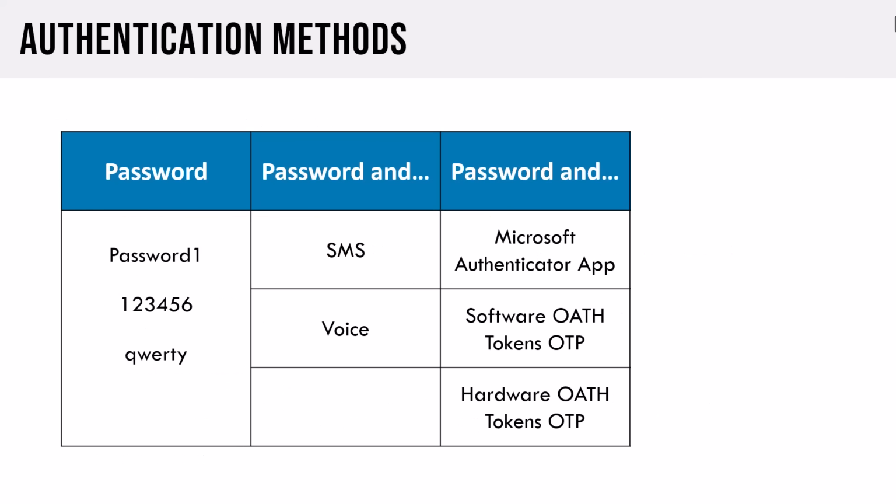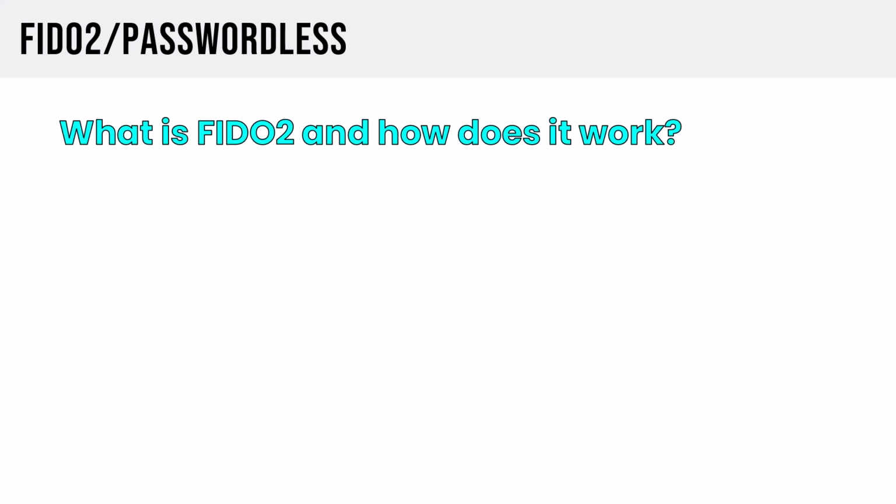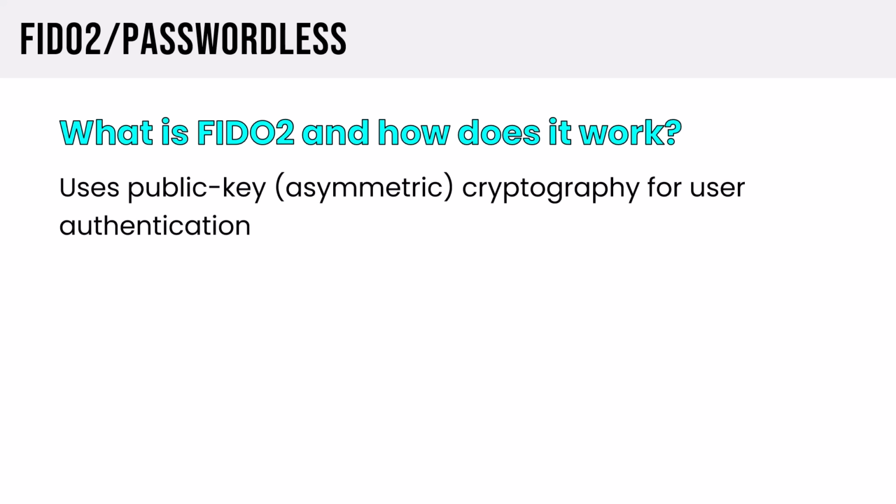And continuing on with our authentication methods, we then have passwordless, which can be implemented with Windows Hello, the Microsoft Authenticator app, or a FIDO2 security key. And we've talked about that Authenticator app, so let's have a look at FIDO2 and talk about how this works. Now, FIDO2 uses public key or asymmetric cryptography for user authentication. That's a public-private key pair.